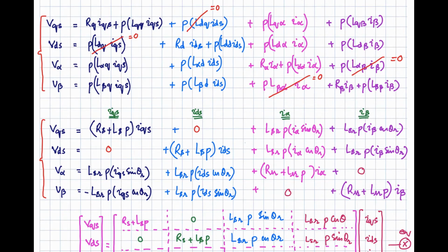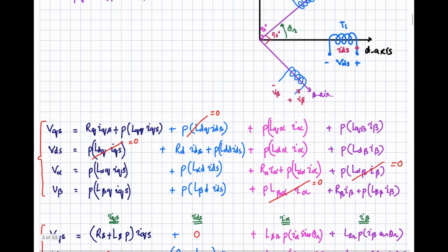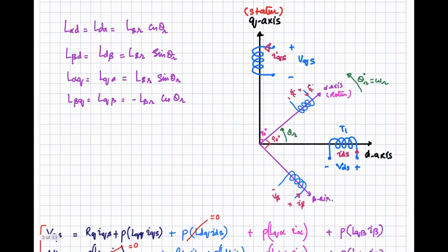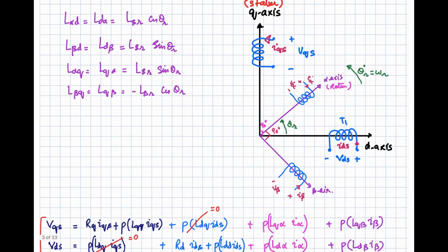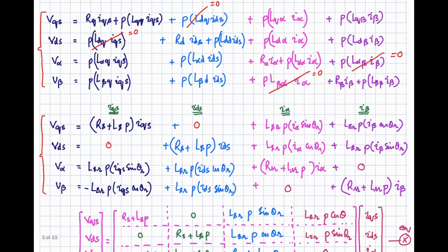Next, we are going to represent this L q alpha like that, LSR into sine of theta r. We have seen that L q alpha is LSR into sine of theta r, where LSR is the mutual inductance between stator and rotor, right? So we are now going to replace these inductances using the expressions we have defined.